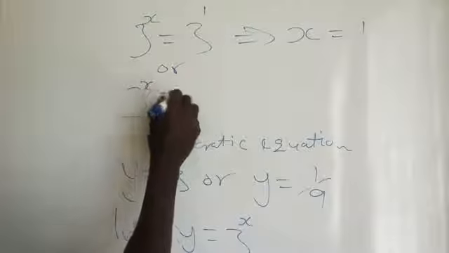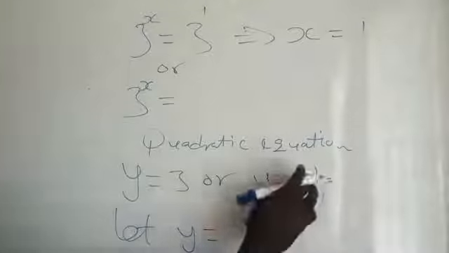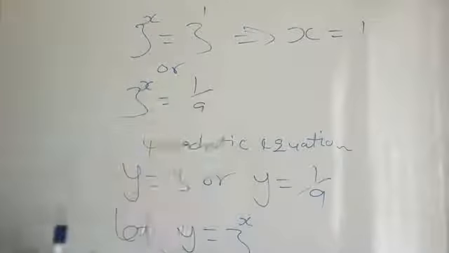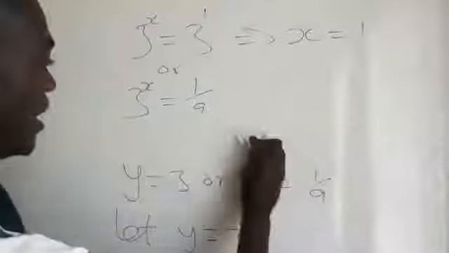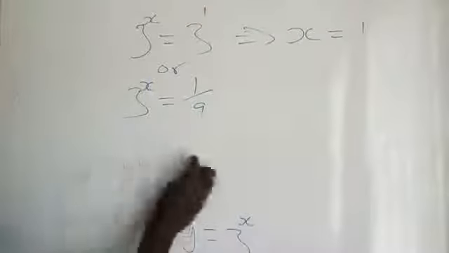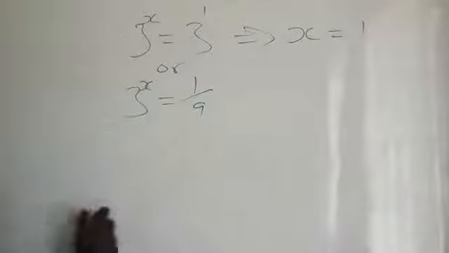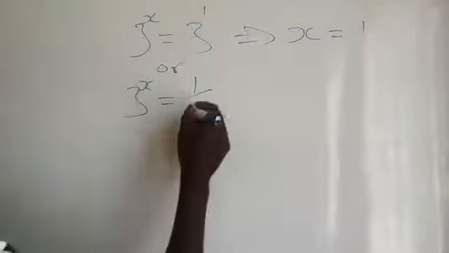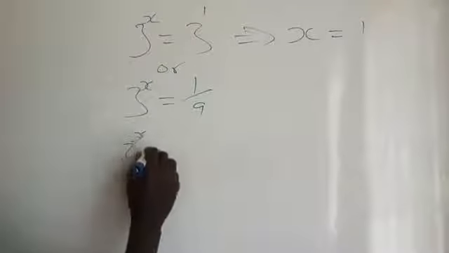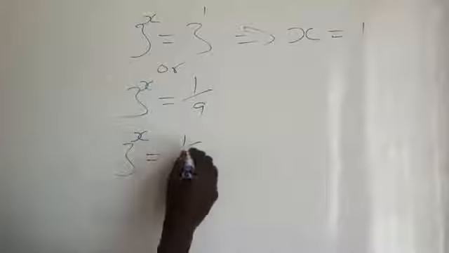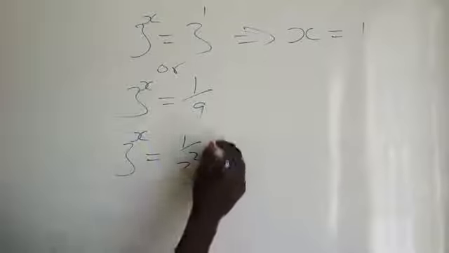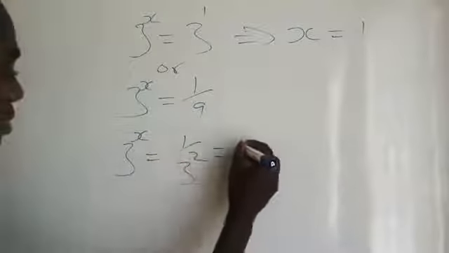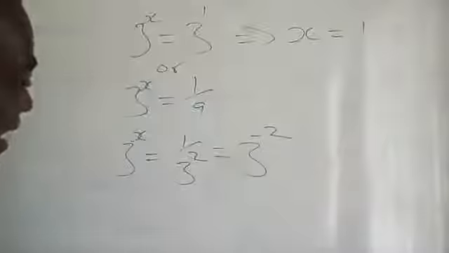3 to the power of x is equal to, what is y? 1 over 9. 1 over 9 in factors form. Find out the factors of this. Then this will be 3 power x is equal to 1 over 3 power 2. 9 is the same as 3 power 2. 1 over 3 power 2 in index form will be 3 power negative 2.